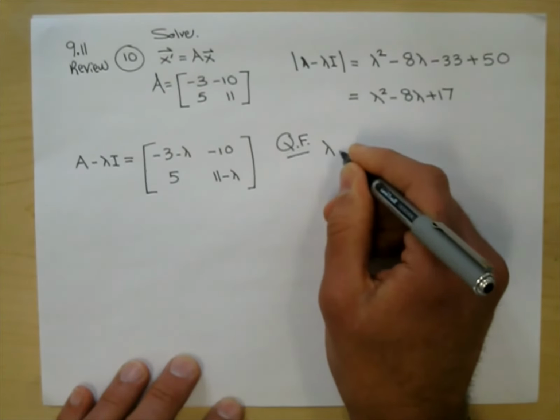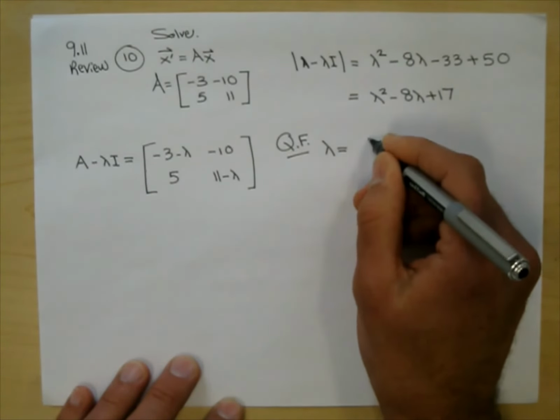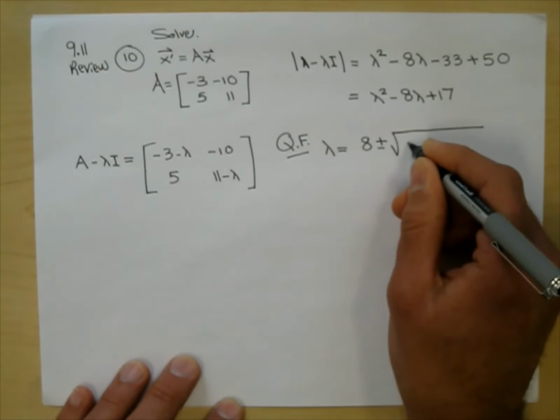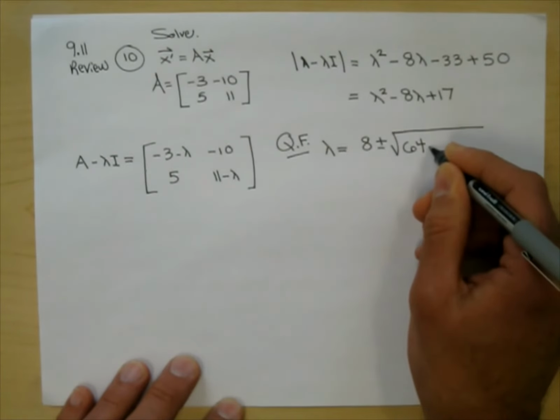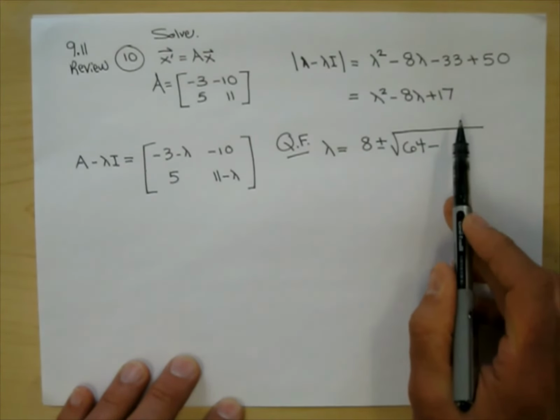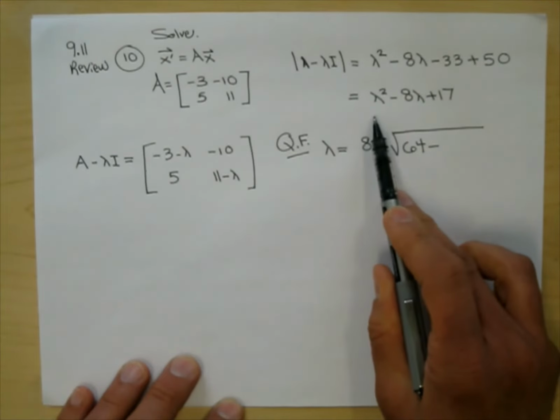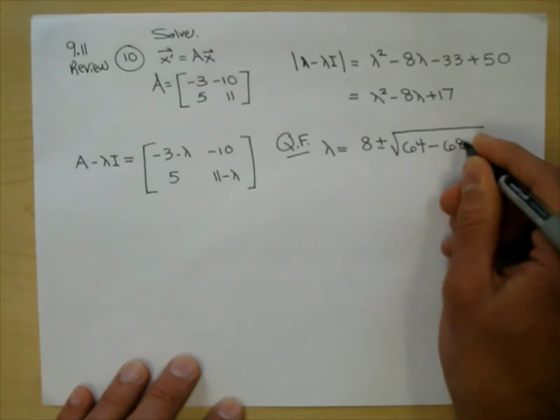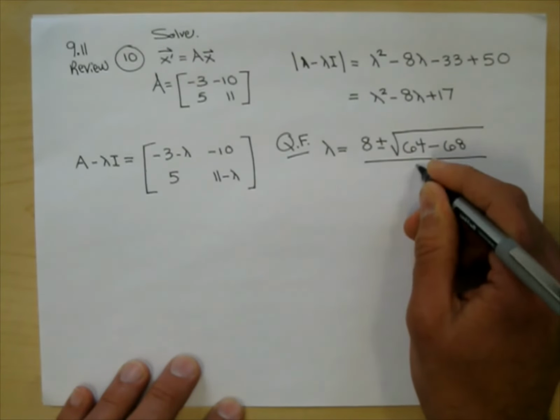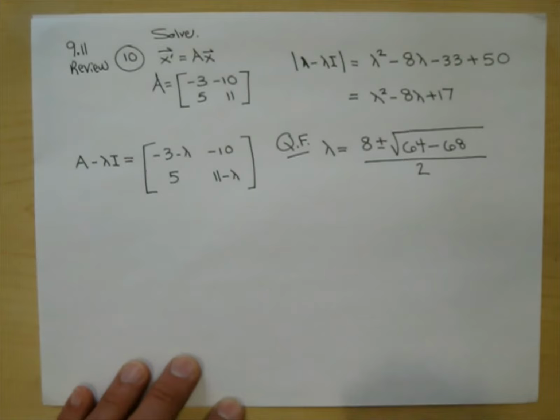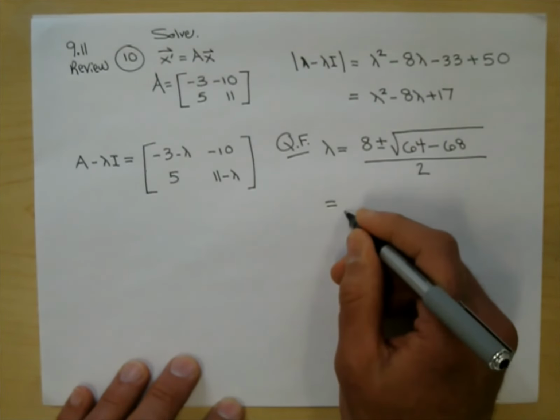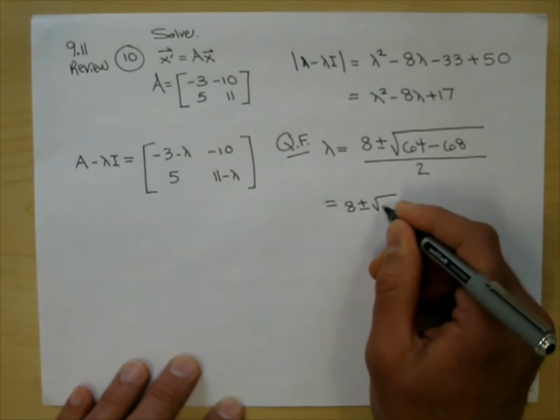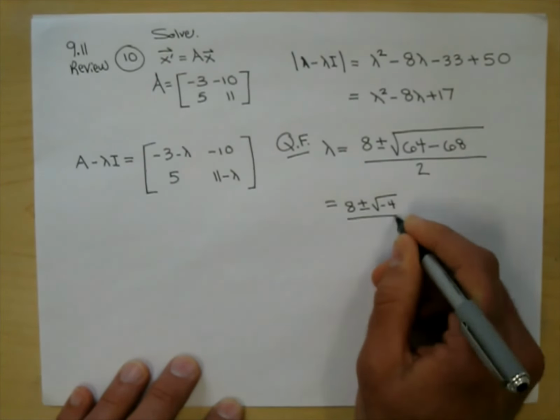The quadratic formula says negative b, which is 8, plus or minus the square root of b squared, which is 64, minus 4 times a times c. So 4 times 17 times 1. So 4 times 17 is 68. This is all over 2. Okay, so what does this give me? This gives me 8 plus or minus the square root of negative 4 all over 2.